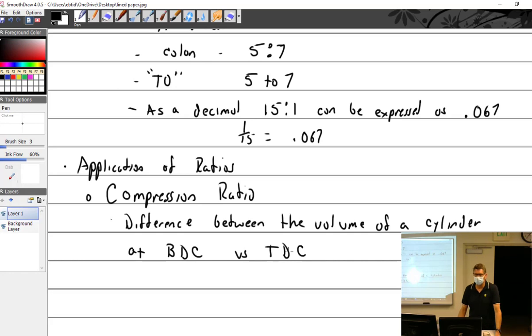Inside of a cylinder we have a piston going up and down, right? The compression ratio is the difference between the volume in the cylinder when the piston is all the way down versus when it's all the way up. So that's a compression ratio.